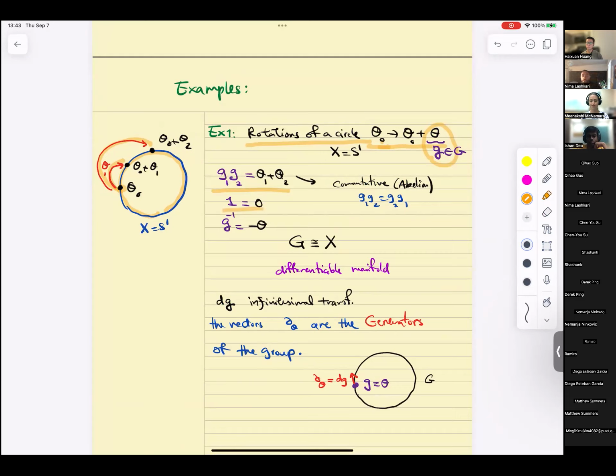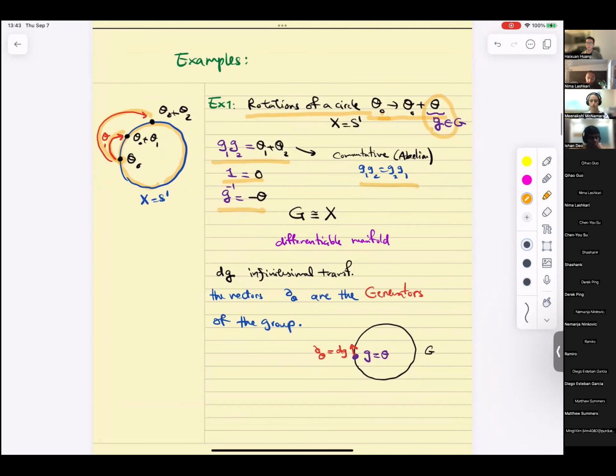Doing no rotation is your identity, and the inverse is just rotating in the opposite direction, right? This is an abelian, or commutative, group because the composition rule doesn't care about order. Performing transformation 1 and 2 is the same as performing transformation 2 and 1.